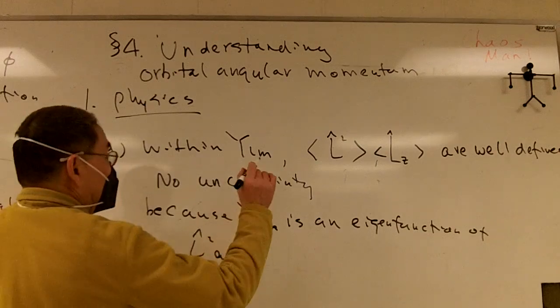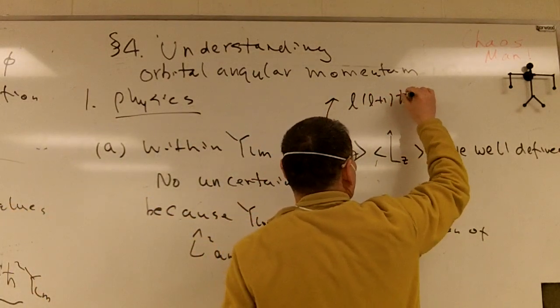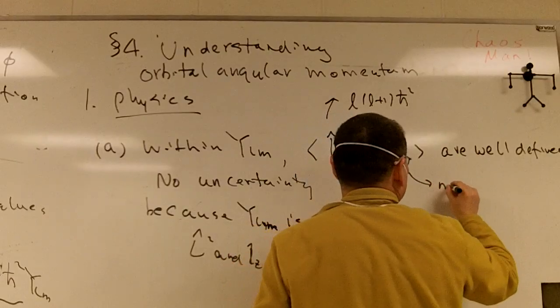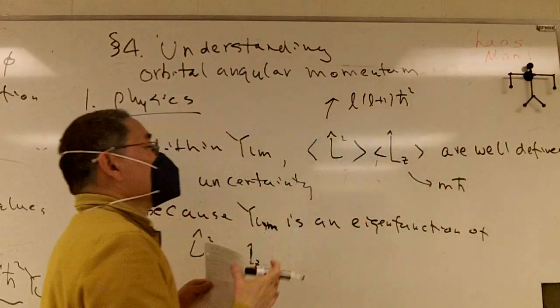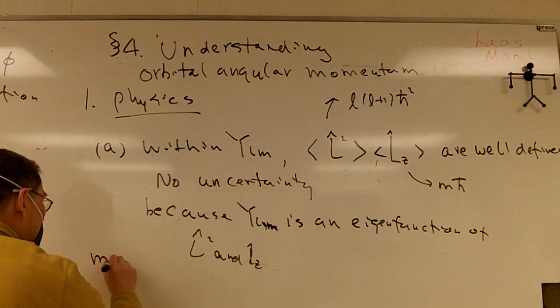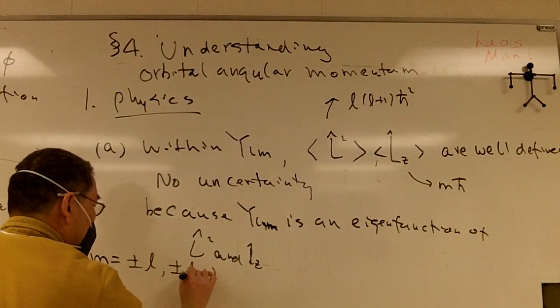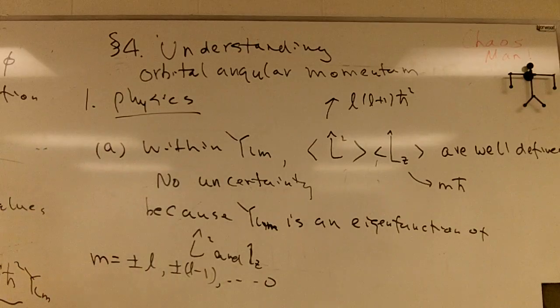The value for L squared is l(l plus 1) h bar squared, and the value for Lz is m h bar. My m takes values from negative l to positive l, increasing in integer steps, including 0.